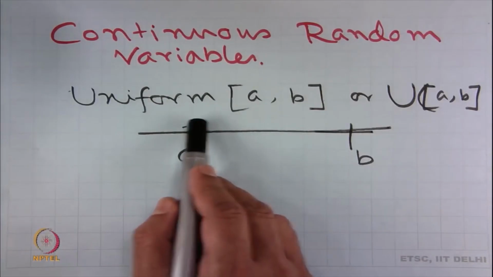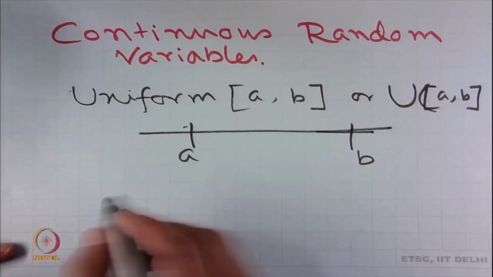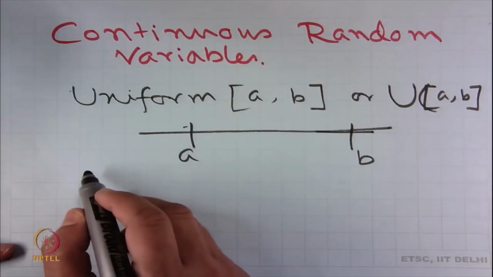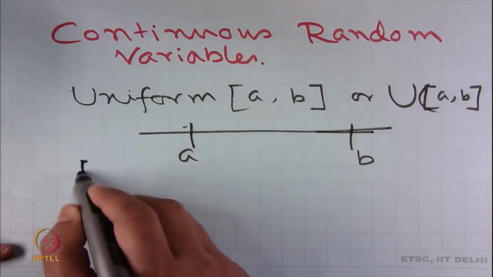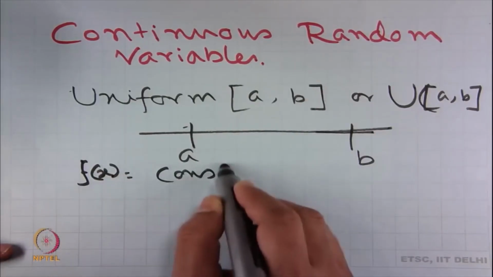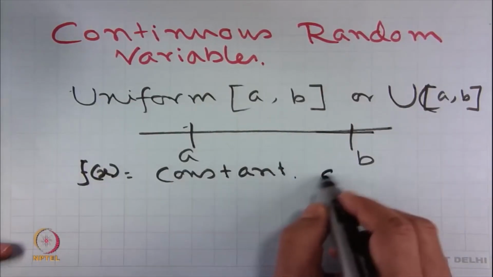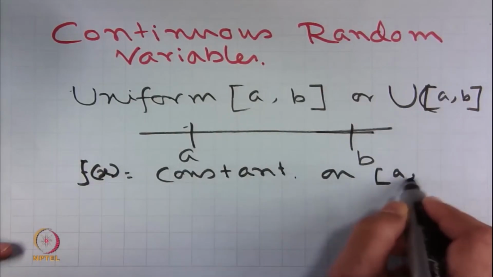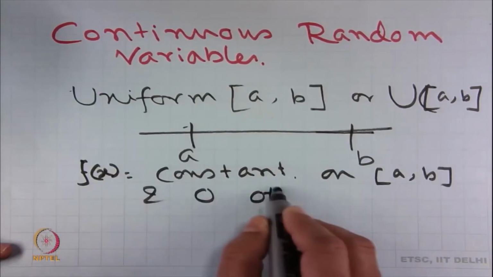That means, all values are equally likely. Therefore, if we call it f x, then f x is basically constant on A B and 0 otherwise.